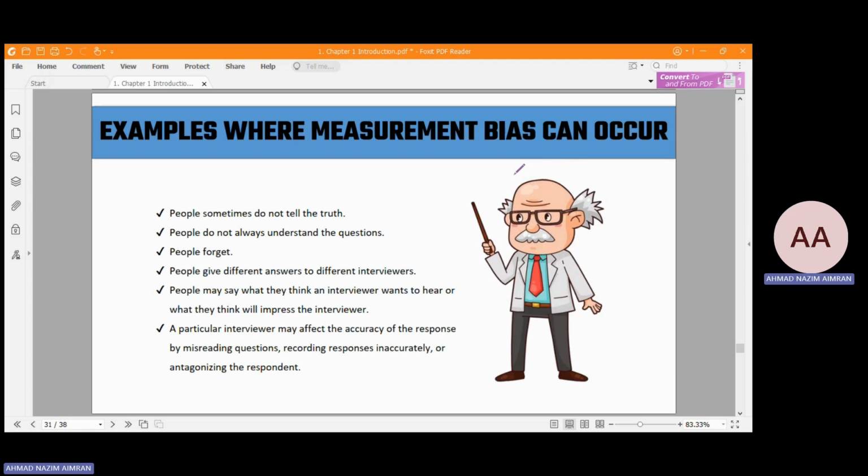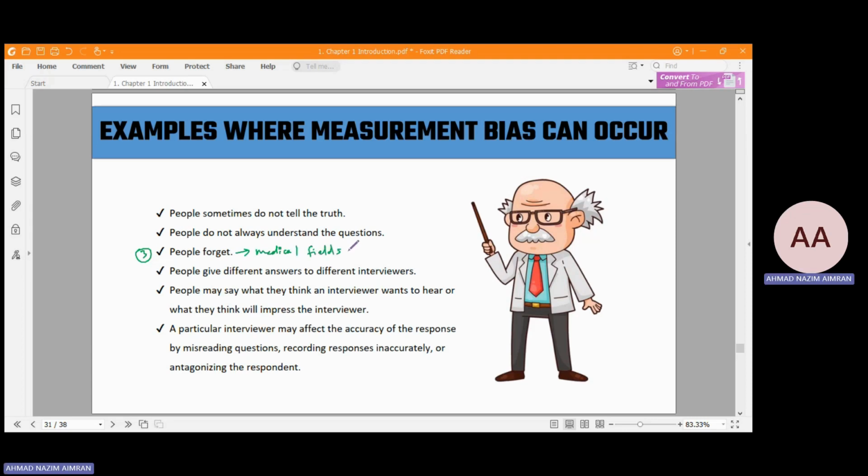And the next one is people forget. So I usually find a question that should not be asked to the respondents in medical fields of studies.